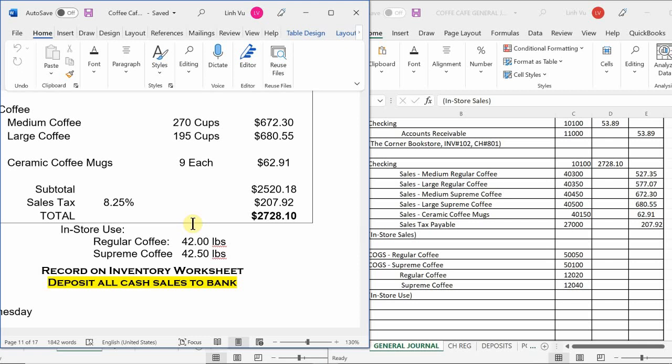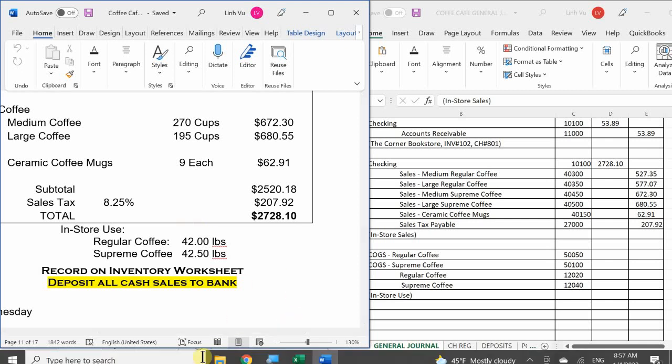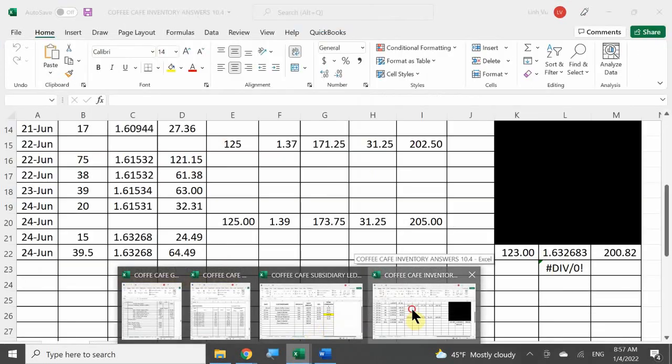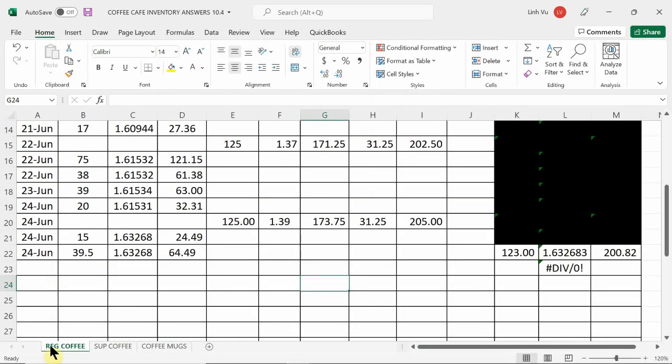So 42 and 42.5. Inventory worksheet. Here we are for regular. We used 42 pounds. Oh, 42, not 72.